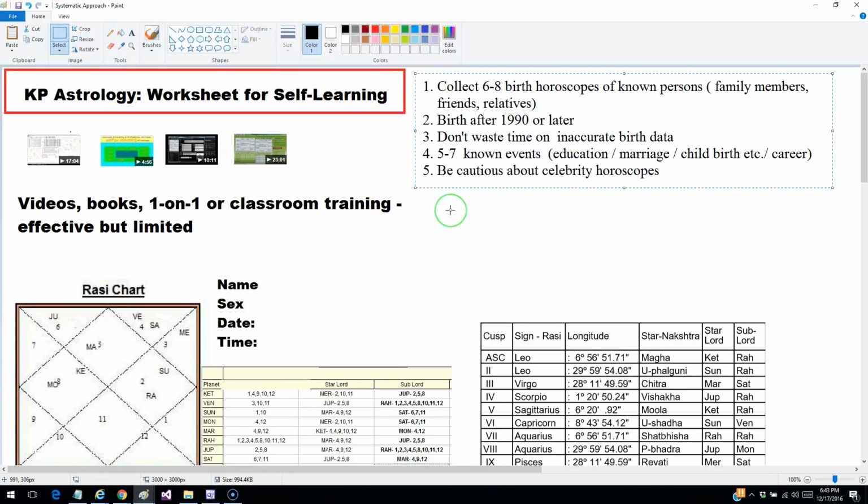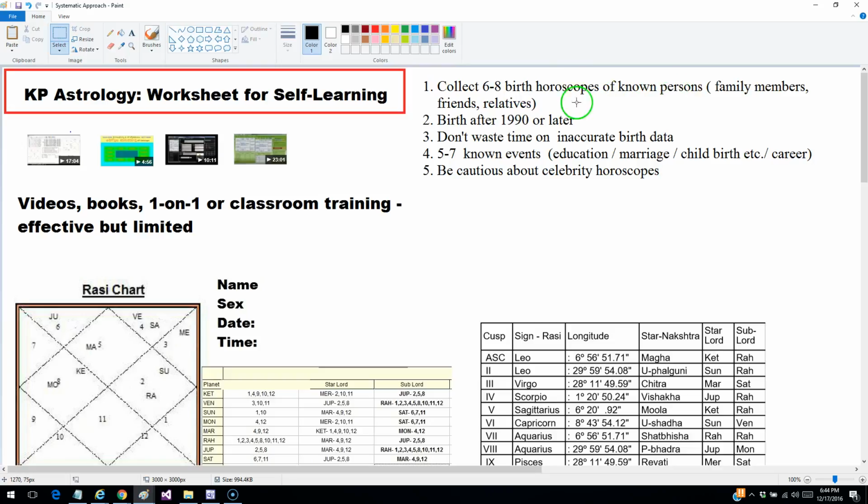So let's say that now you want to start enhancing your predictive skills in KP astrology. So the first thing is to collect 6, 8 or about 10 birth horoscopes of known persons. Okay, family members, friends and relatives.